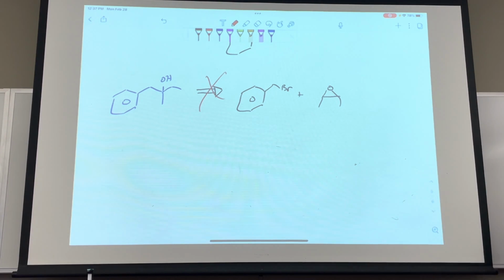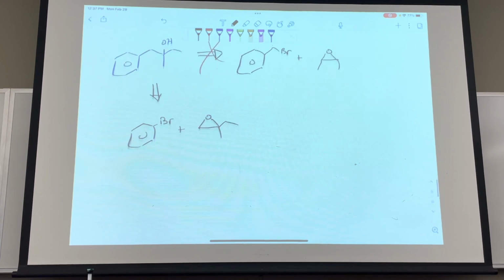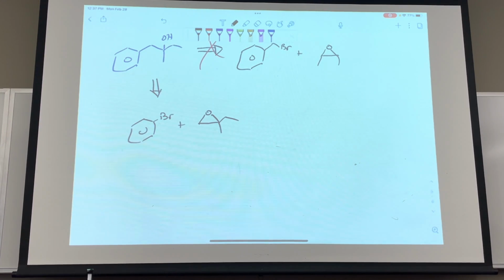So what if we instead of using toluene, could we do this? Would that work?